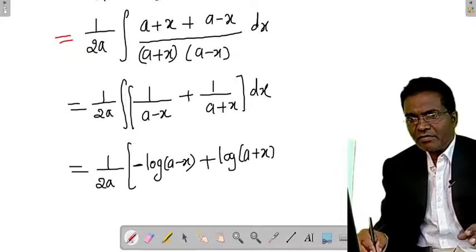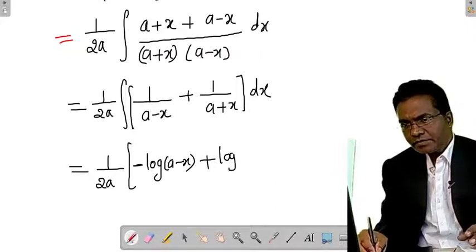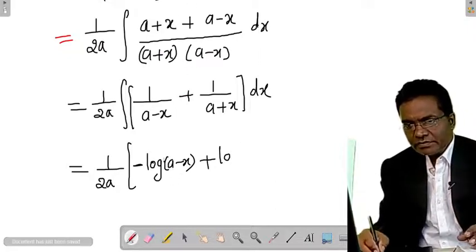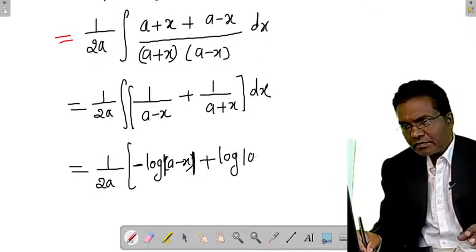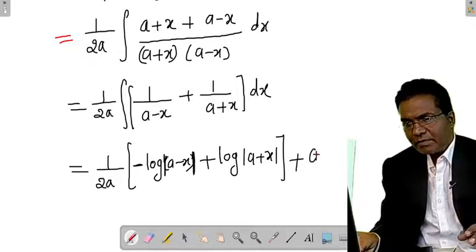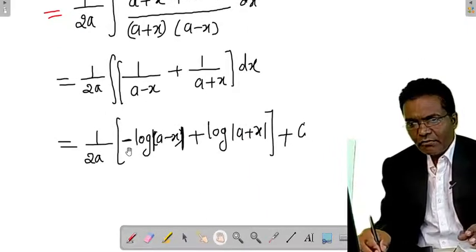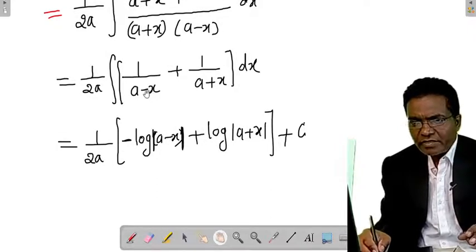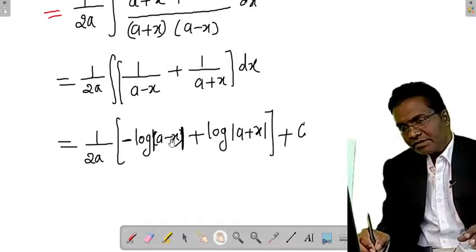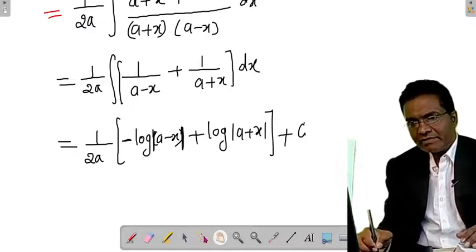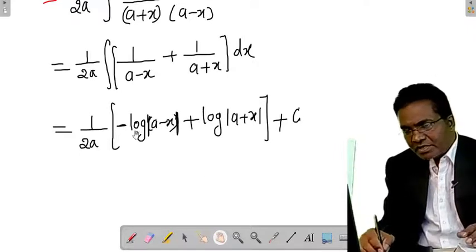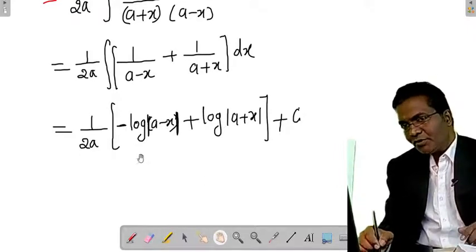Better you write it in the form of mod. We generally put mod, log of a plus x plus c. Why is this minus? Because the coefficient of x is minus here. Whatever the coefficient of x, we divide by that. So dividing by minus 1, you will get this. This is the major change as compared to the previous one.